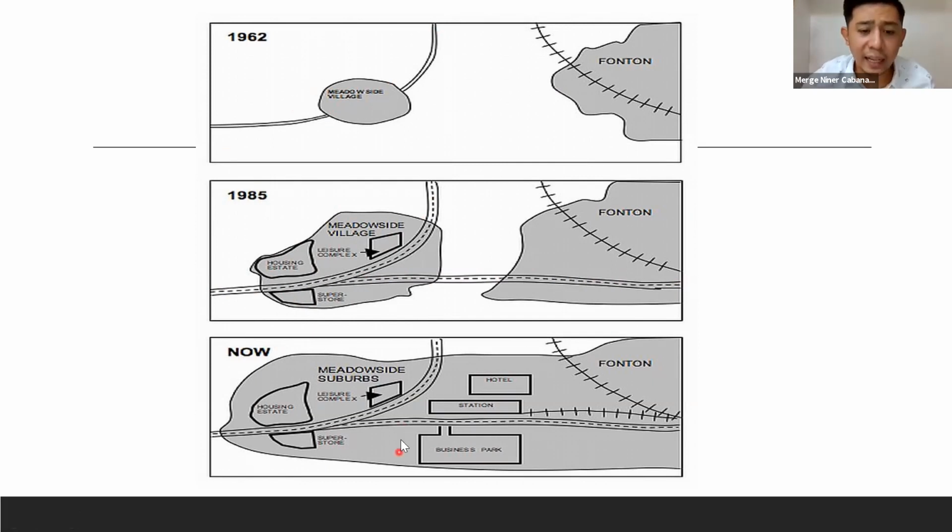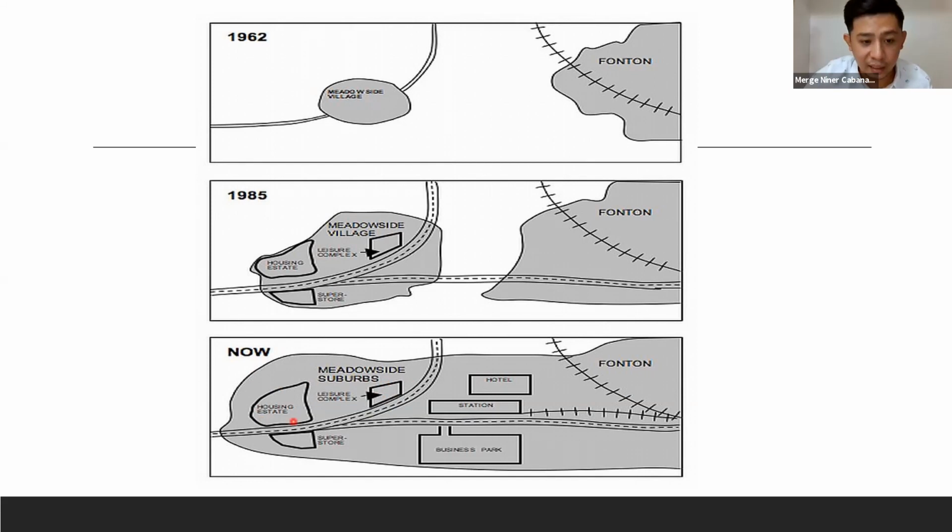Lastly, we have the map of Meadowside and Fontaine in its present condition, and it is labeled now. Meadowside, which was previously a village, is now a suburb. The leisure complex still remains where it was in the previous years.